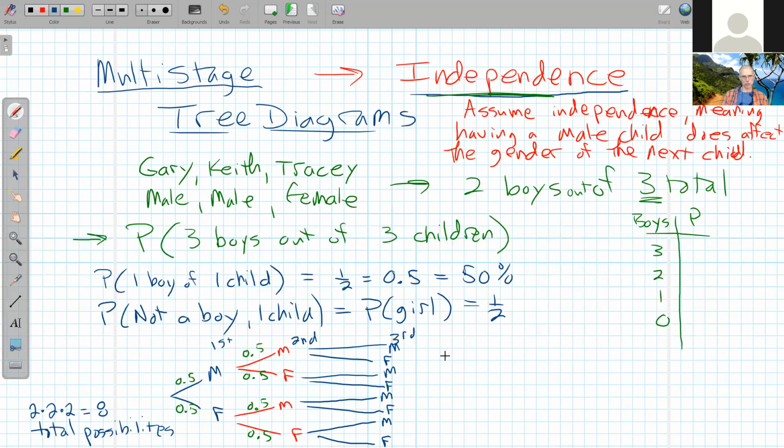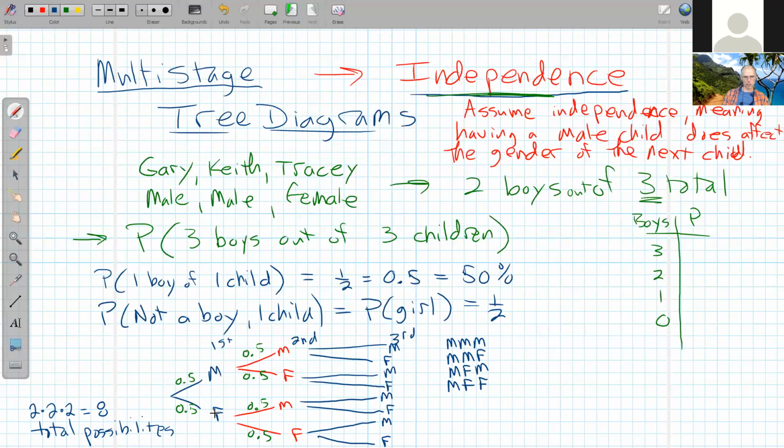So next I'm just going to list what those are out here. Reading through the first one, they are male, male, male, and then male, male, female. The tree gives us a nice way to keep track of things and not lose track. Male, female, male, male, female, female, and that's my top 4.